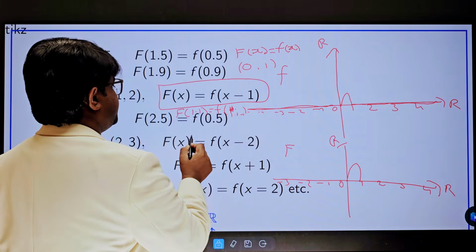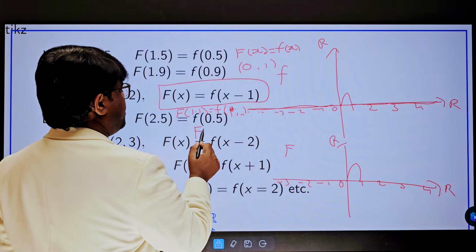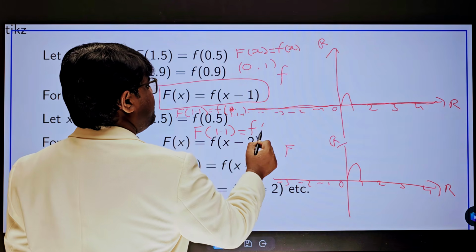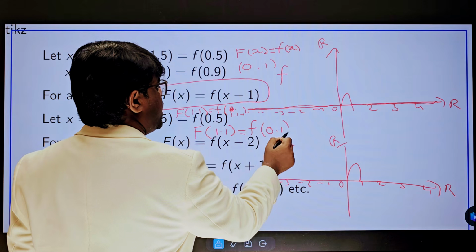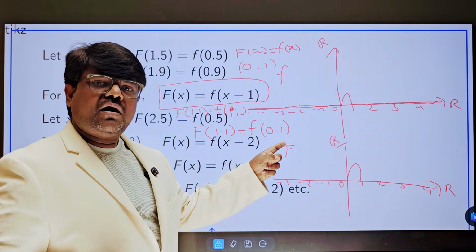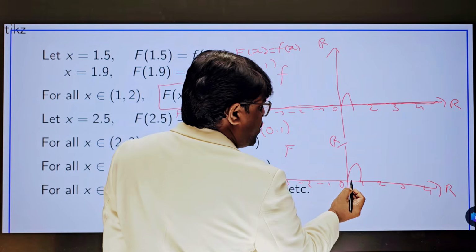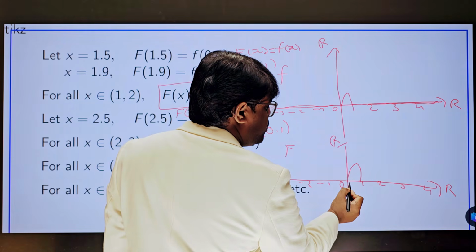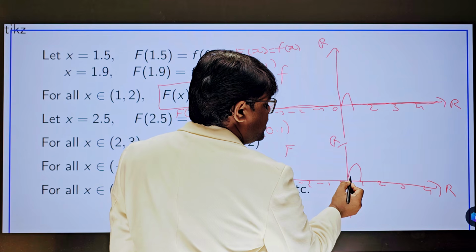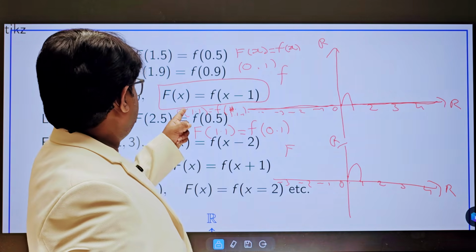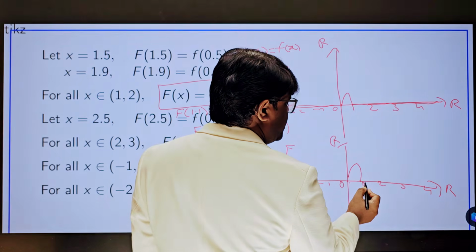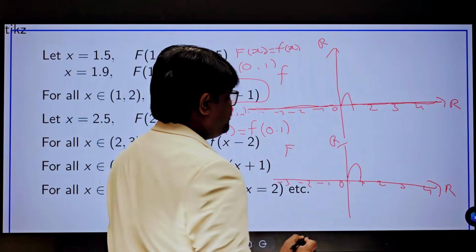That is, F of 1.1 equal to small f of 0.1. The meaning of this is, the f of 0.1 value we know from the graph. At 1.1 also the same.